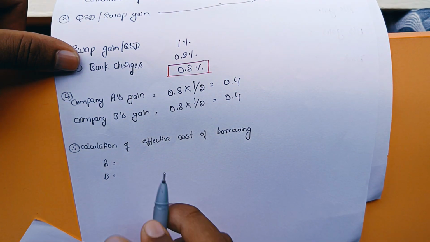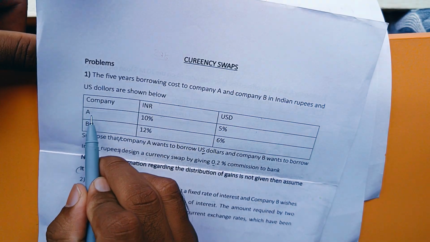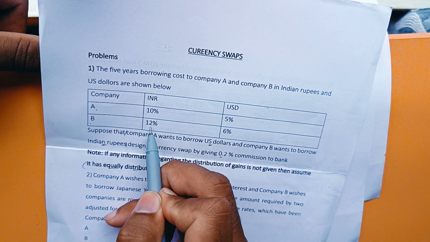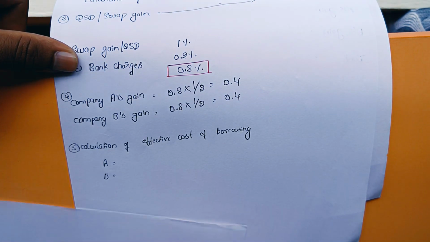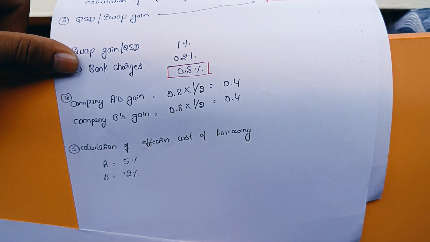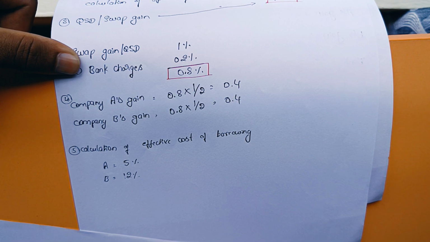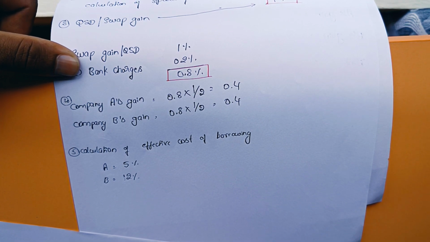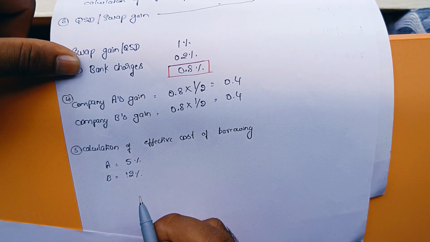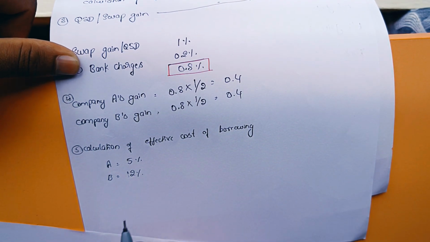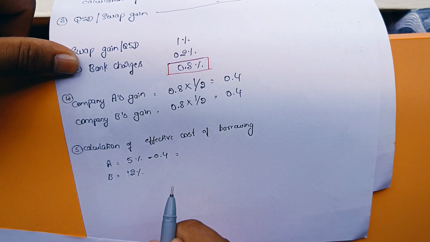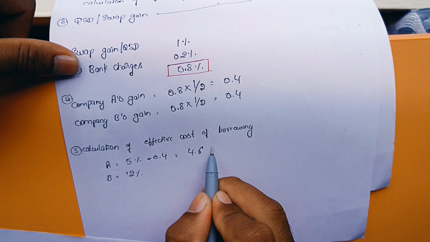A wanted USD, that is 5. B wanted Indian rupee, that is 12. That is a requirement. A wanted 5%, B wanted 12%. But they are not paying 5% and 12%; through the swap they got an advantage of 0.4%. So 5 minus 0.4, how much will they get? 4.6 they are paying, that's it.